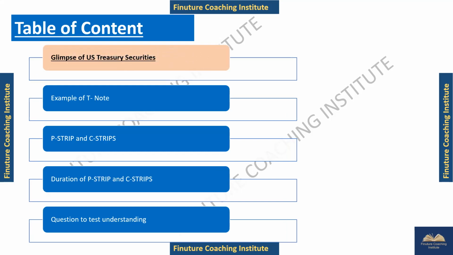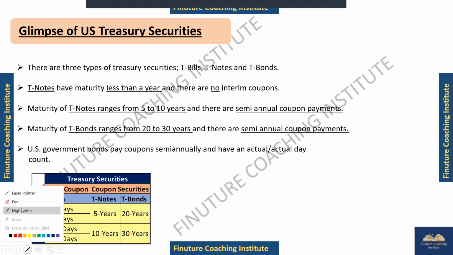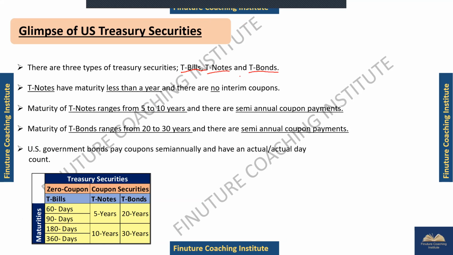So let's start with the high level overview of the US Treasury securities. There are three types of Treasury securities. Let me keep them underlined so that in case someone is making notes, it will help them understand. One is Treasury bills, another is T notes, and third is T bonds.